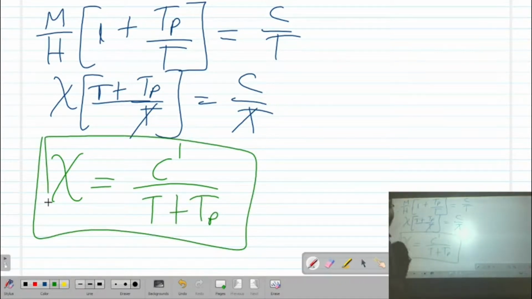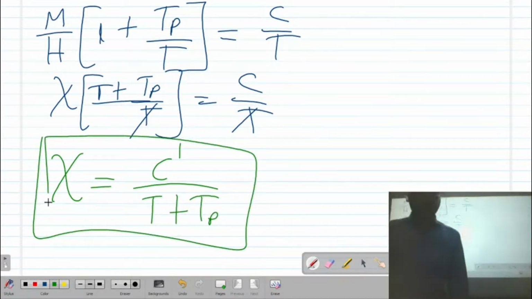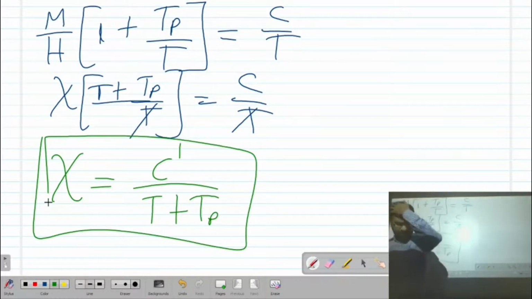This is what we have obtained, the relation between the susceptibility and the temperature T and T of p, that is the paramagnetic temperature. This is the temperature T greater than Néel temperature.